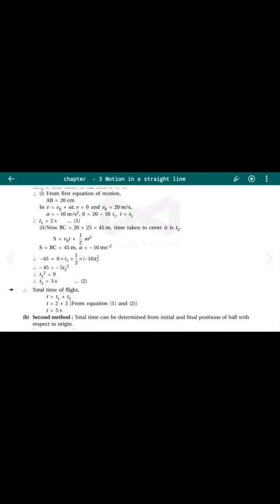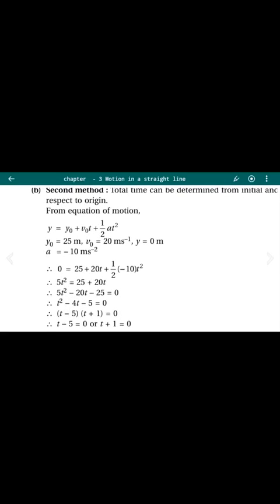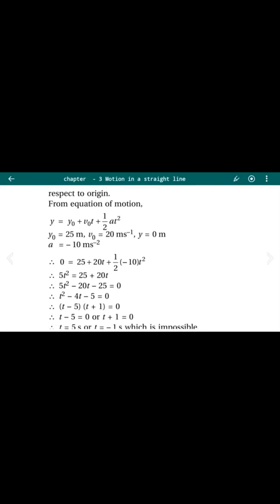Y over here is nothing but the final position of the ball, and we can see that the final position of the ball over here is at point C, which is nothing but the ground, and that ground is taken as the reference point. So it is equal to 0 meter. So the initial position is 25 meter, that is at point A. Final position is 0 meter, that is at point C. Initial velocity is taken as 20 meter per second and acceleration is taken as minus 10 meter per second square.